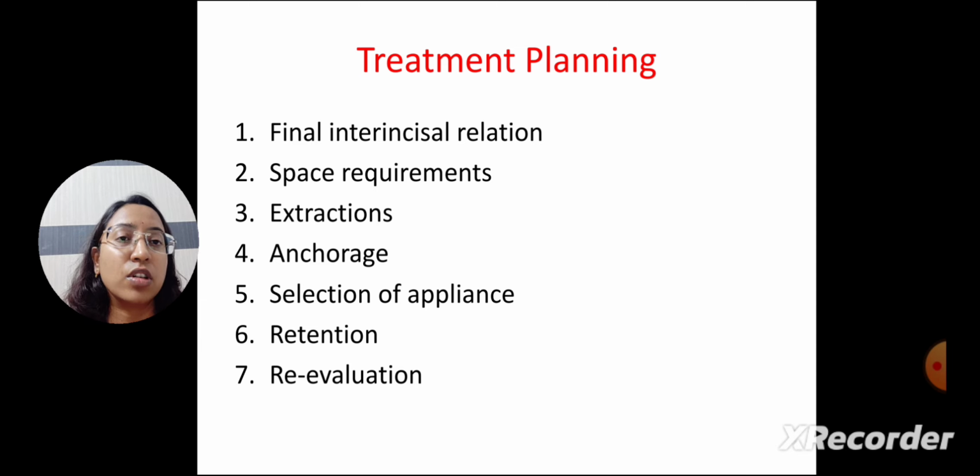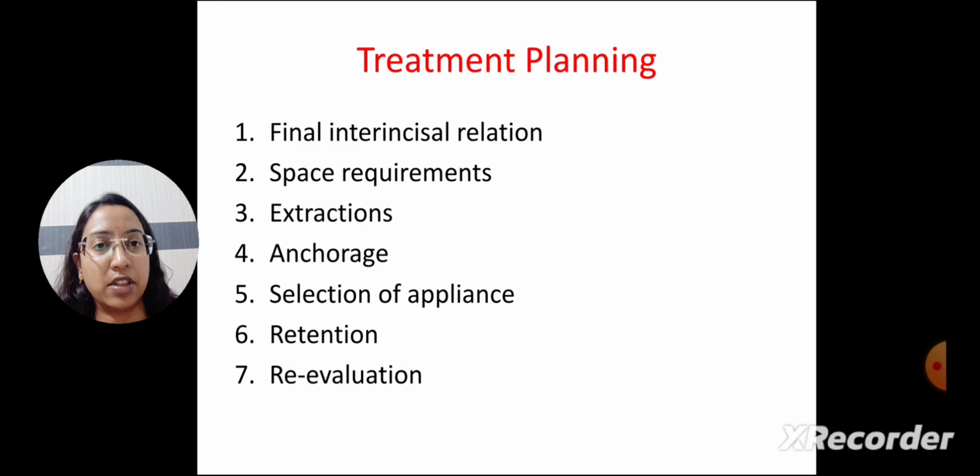Then, depending on our model analysis, we can determine the space requirements, and for space gaining, we can extract teeth. Also, when we are having complex movements, we have to plan the anchorage. If we are not taking enough support from the different sources, there will be undesired side effects.